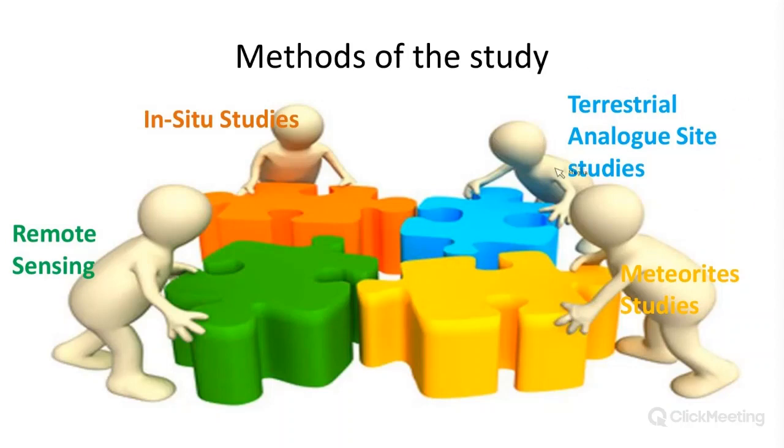In the case of Moon and Mars studies, we try to go to areas where we may expect this kind of environment, and we look at the processes to understand what kind of processes may dominate on other planetary bodies.